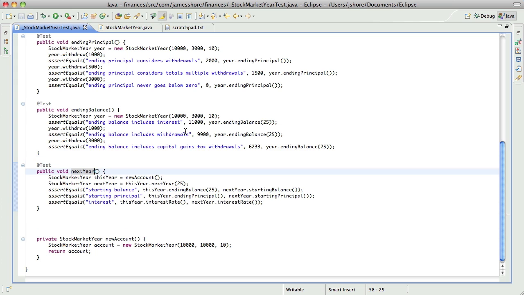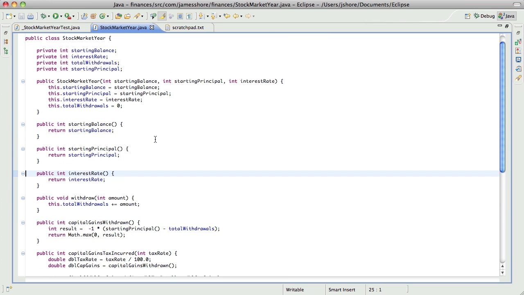And this I'm going to make a little more explicit. Next year's starting values match this year's ending values. All right, there we go.